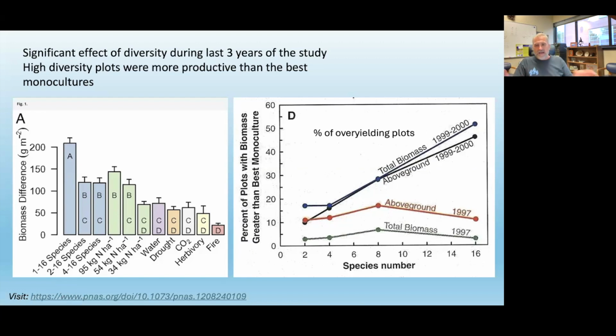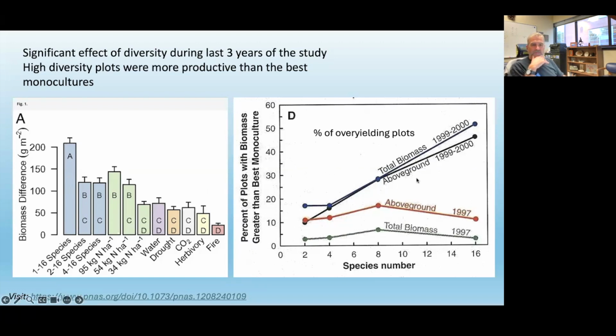So they didn't only look at the number of different species, but they looked at the amount of nitrogen that was available, the amount of water, the levels of carbon dioxide, herbivory, fire, all of these different things. And they found that species diversity had the most effect, right? It had the most effect over anything else in terms of biomass production.